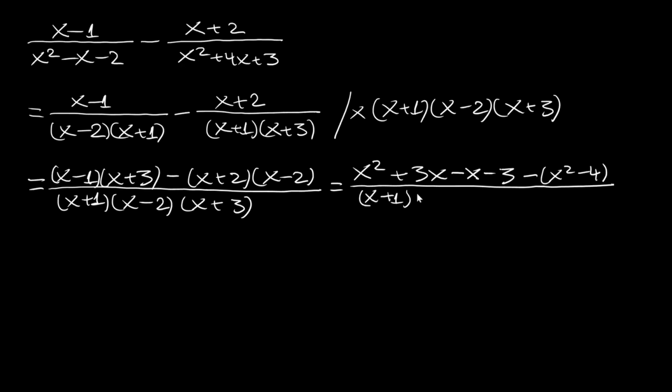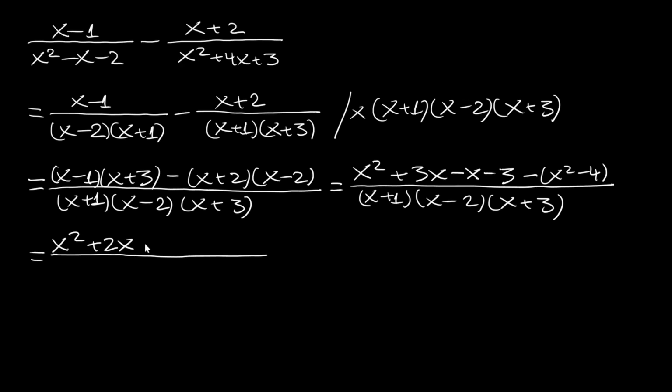X plus 1 times x minus 2 times x plus 3. Now we have to remove these brackets, and this is what we get when we do so. We have our x squared, we have plus 3x minus x, which is plus 2x. Then we have our minus 3, and now we have minus x squared plus 4.